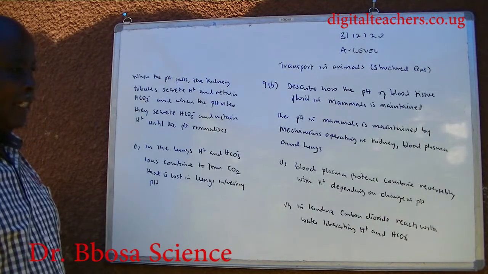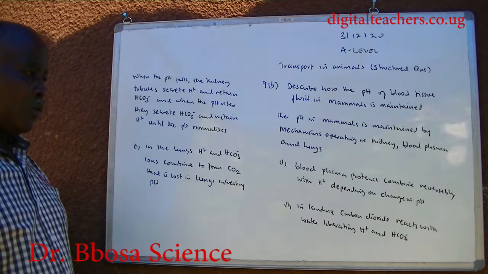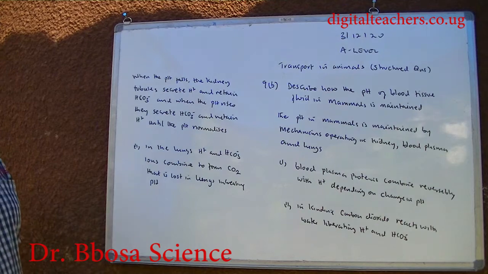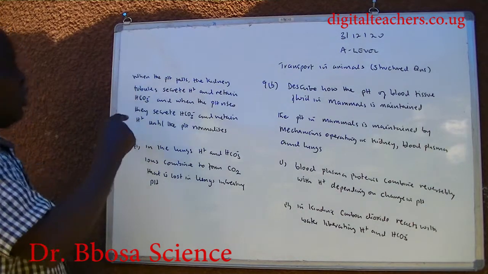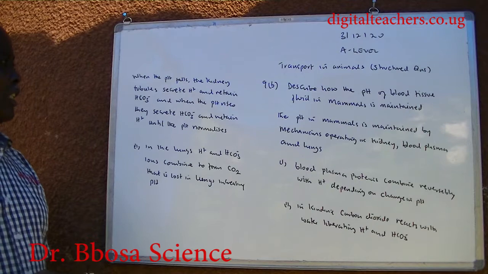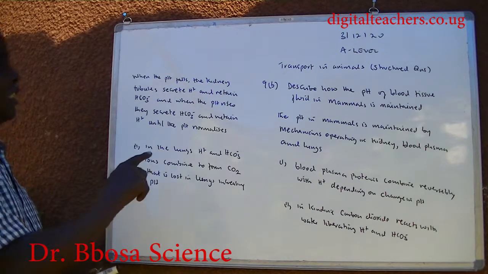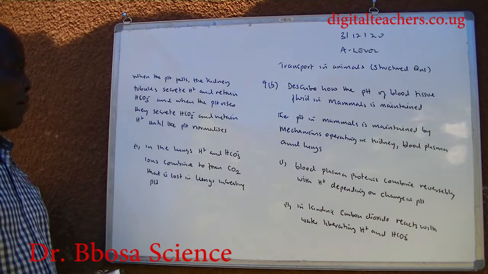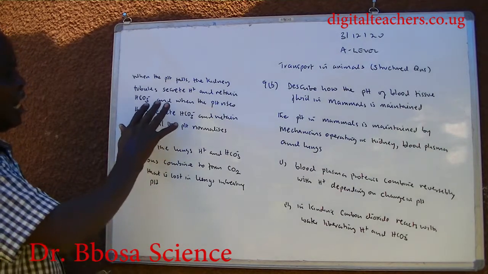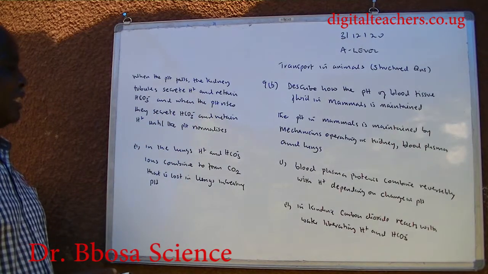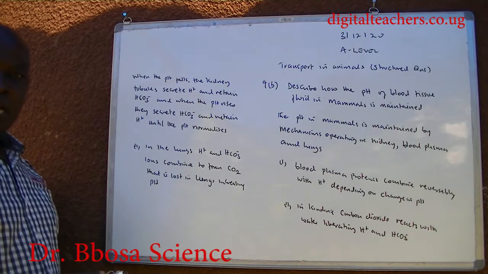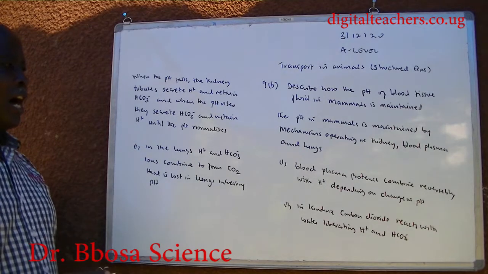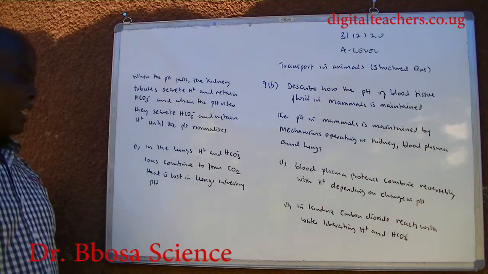2. In the kidney, carbon dioxide reacts with water, liberating hydrogen ions and bicarbonate ions. When the pH falls, the kidney tubules secrete hydrogen ions and retain bicarbonate ions. And when the pH rises, they secrete bicarbonate ions and retain hydrogen ions until the pH normalizes. 3.